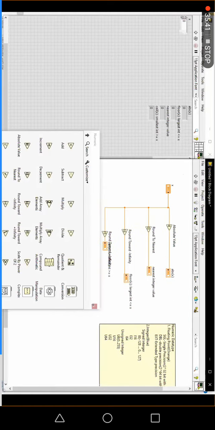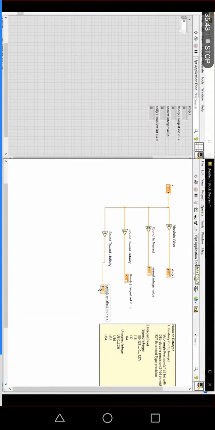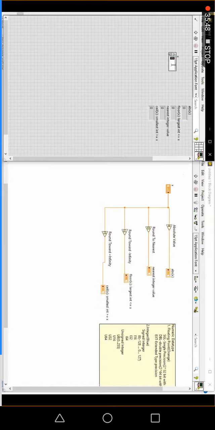I'm going to give the input as a floating point, 3.6982.